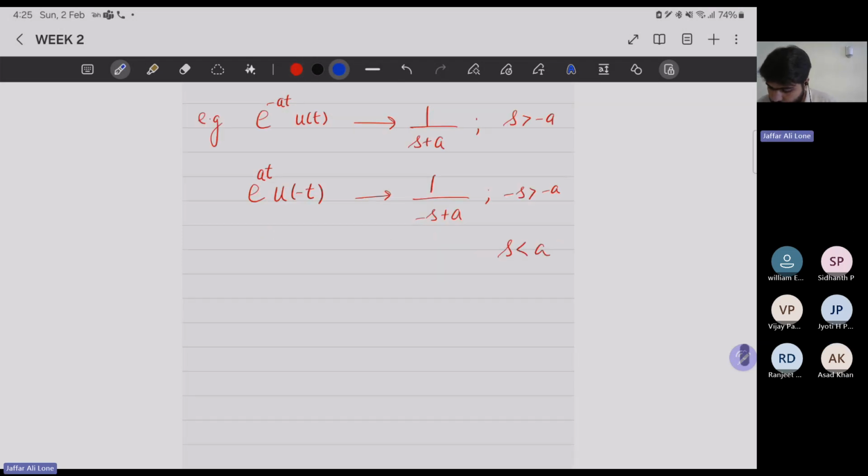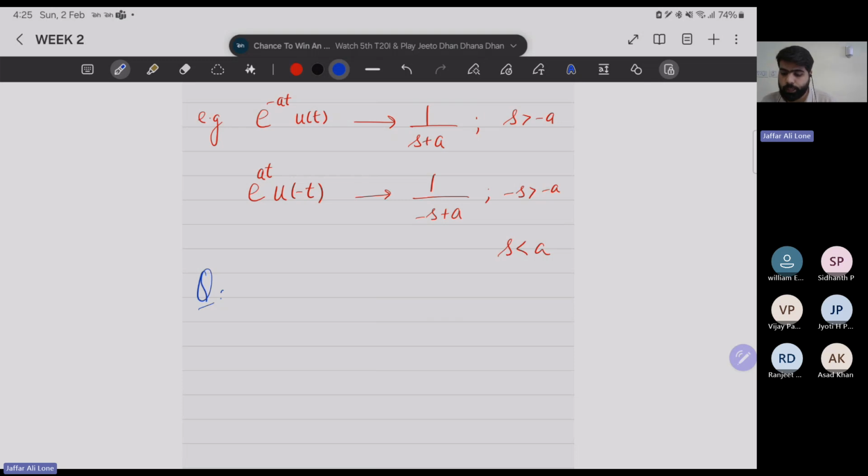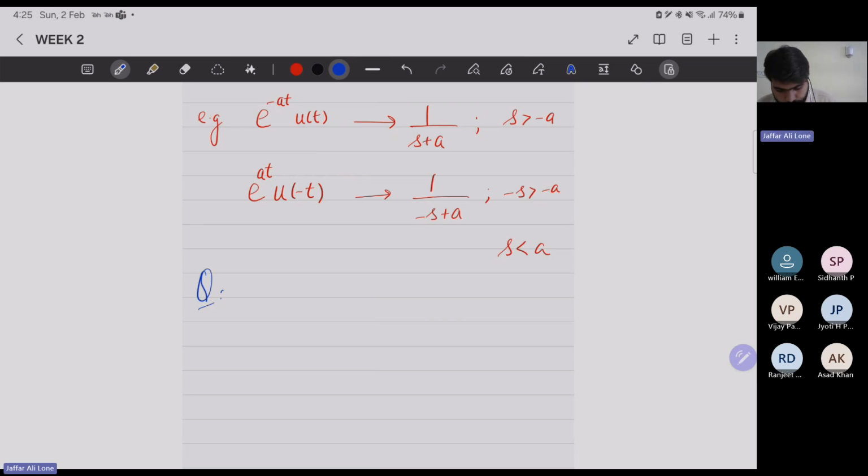Now, based on this, you have one question in the assignment where you have to find the Laplace transform and its ROC for a combination of two signals. For example, when you have two signals in addition. The question is x(t) equals 3e^(-t) u(t) plus 2e^(t) u(-t), right?